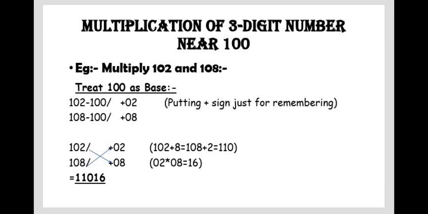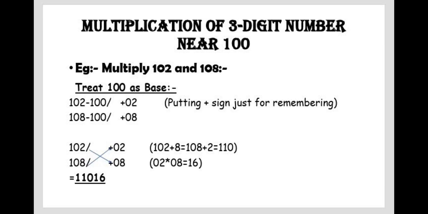Then the next step is we will multiply both the differences we got from 102 minus 100 and 108 minus 100, that is 2 and 8. So 2 into 8 is 16. Now we will put both together, 110 and 16. Then we get the product of 102 and 108.